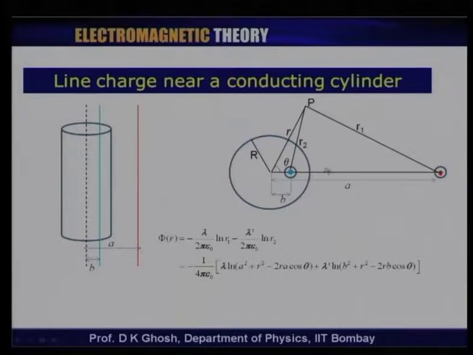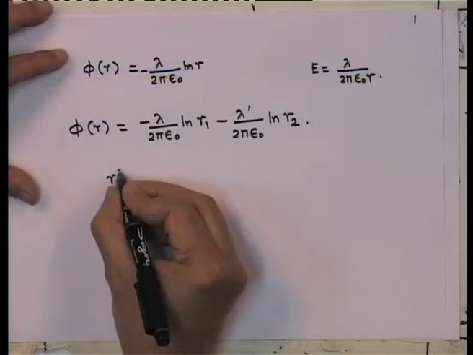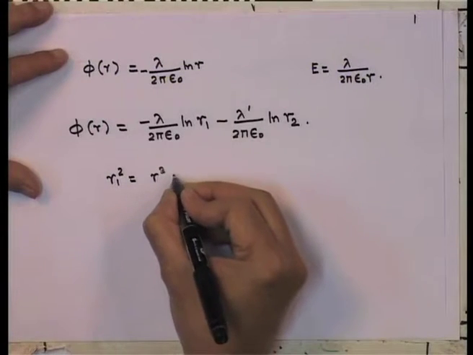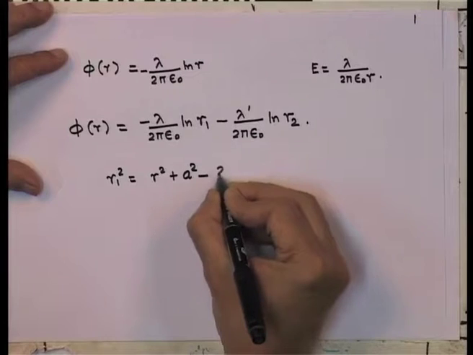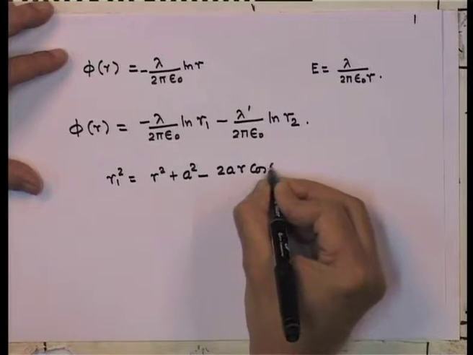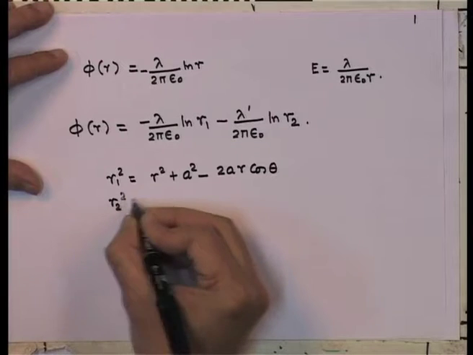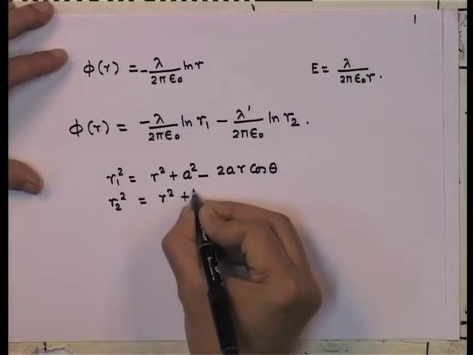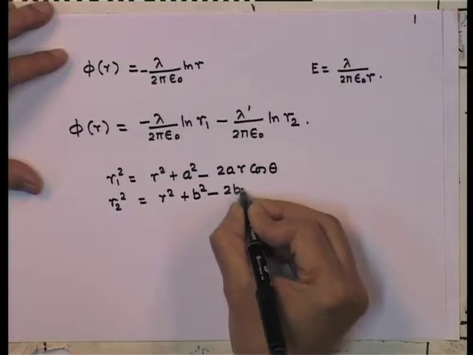If the angle that is made by the vector r with the line joining the axis of the cylinder to the line charge is theta, then you can check that r1 square is equal to r square plus a square minus 2 a r cos theta, and identically I have r2 square is equal to r square plus b square minus 2 b r cos theta.